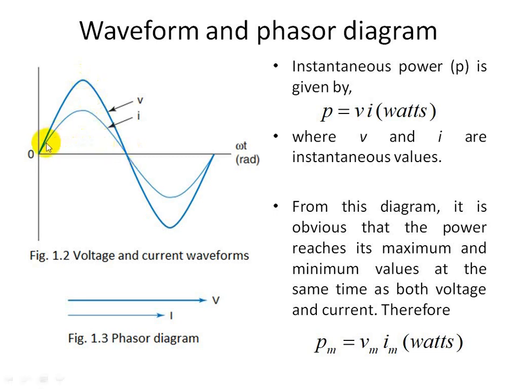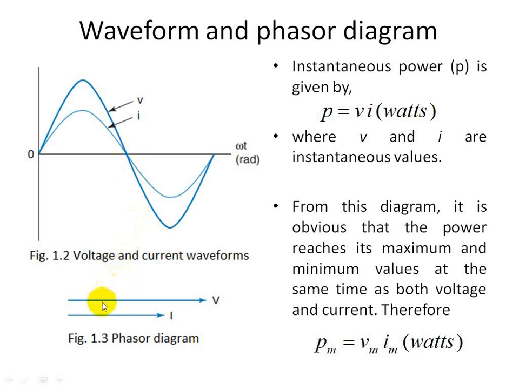Similarly, the current's positive cycle starts from here, reaches maximum value and ends at 180 degree, and the negative cycle continues. So there is no phase difference between voltage and current. In this case we say that both are in phase.